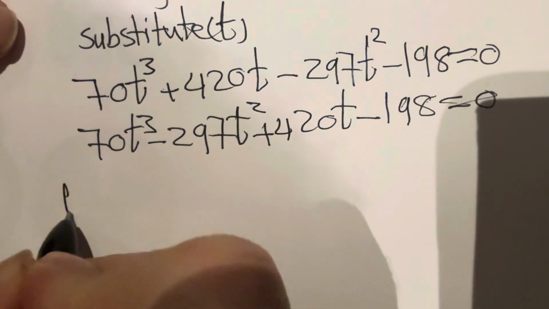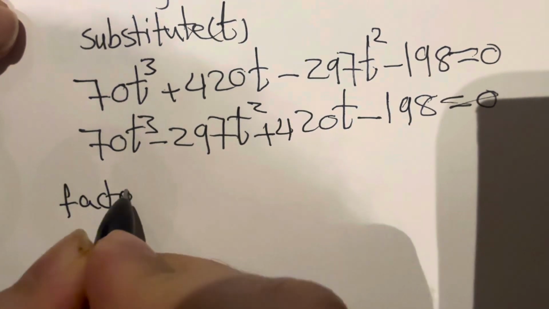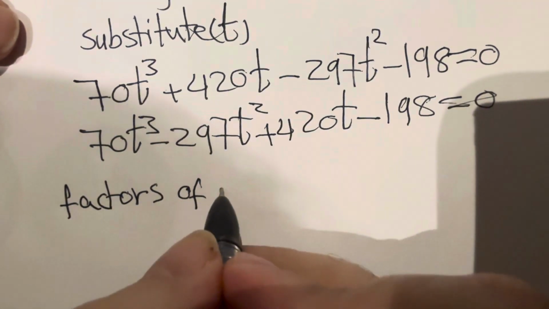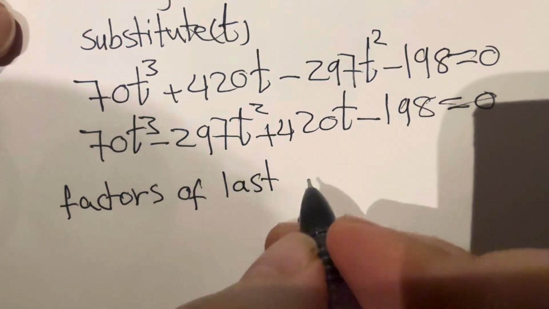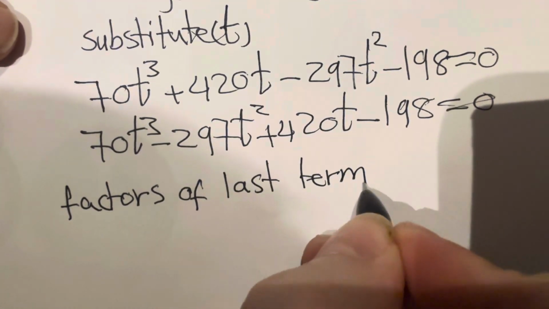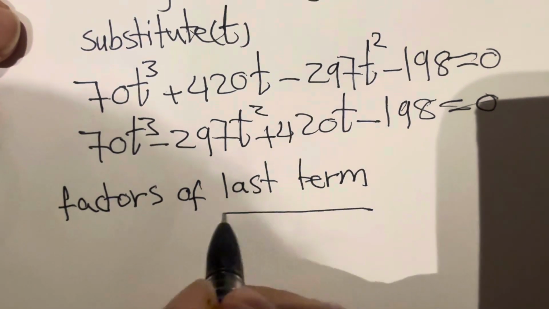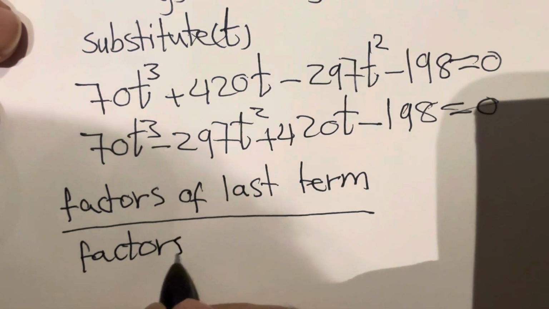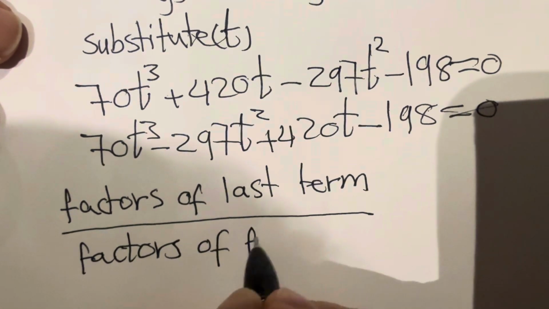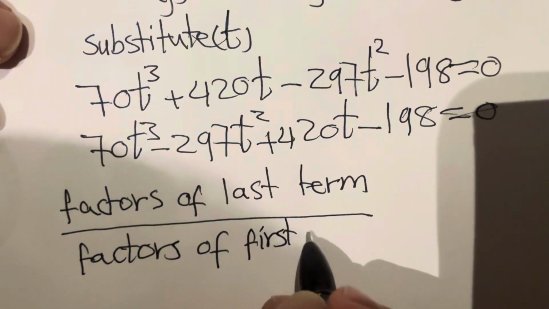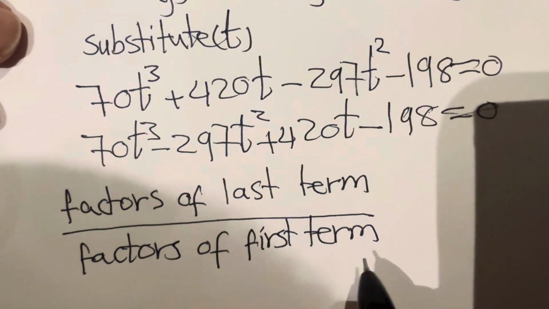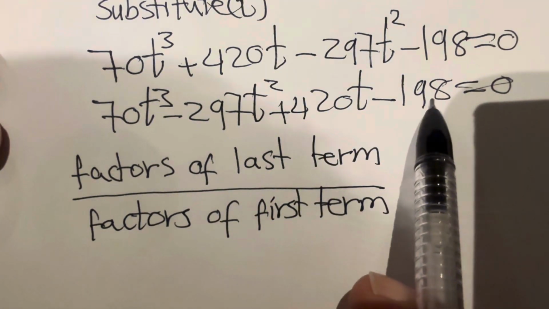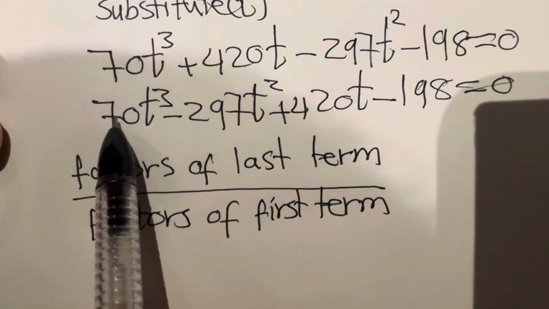divide factors of the last term by factors of the first term, what we get, this is the last term and this is the first term.